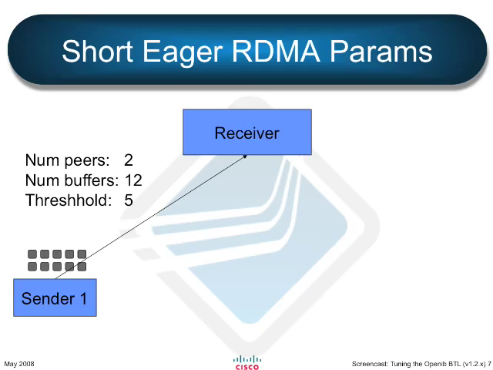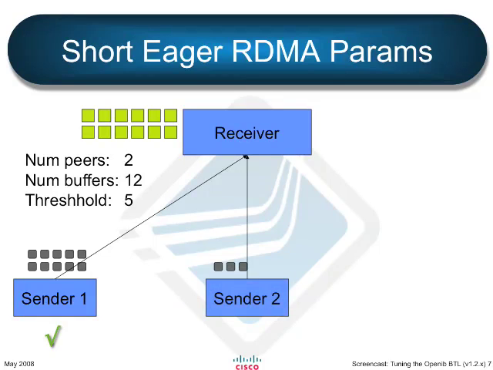That threshold of 5 means that when a sender sends me more than 5 short messages, he becomes eligible to use this RDMA channel here for short messages. So we said, oh, well, you sent me 10. All right, so I'm going to allocate 12 short buffers and say, all right, next time you want to send me a short message, go ahead and use RDMA for it and use these 12 pre-allocated buffers for you.